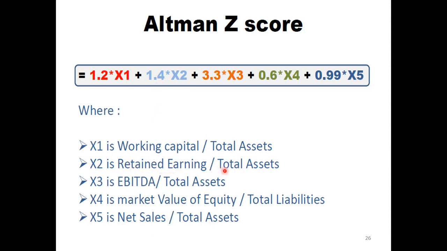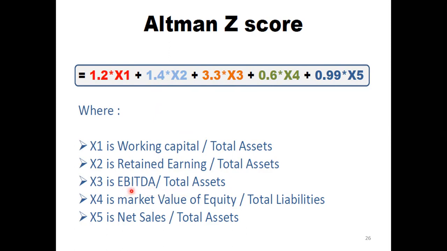Retained earnings over total assets, and 3.3 times X3. X3 is earnings before interest, tax, depreciation and amortization over total assets.